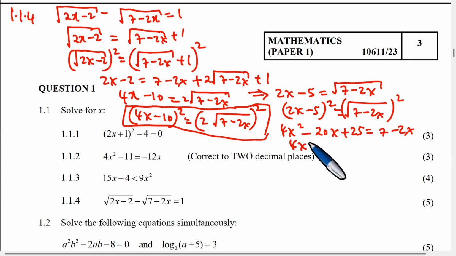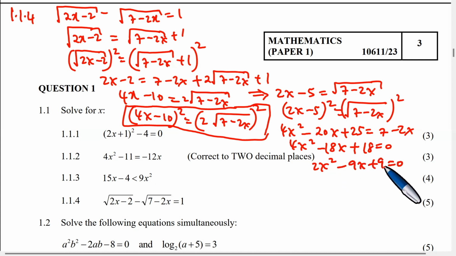And you have 4x squared minus 18x plus 18 equals 0. We squared both sides twice because there were 2 square roots. So we squared here and then we squared also there. So we divide through by 2, which is 2x squared minus 9x plus 9 equals 0.